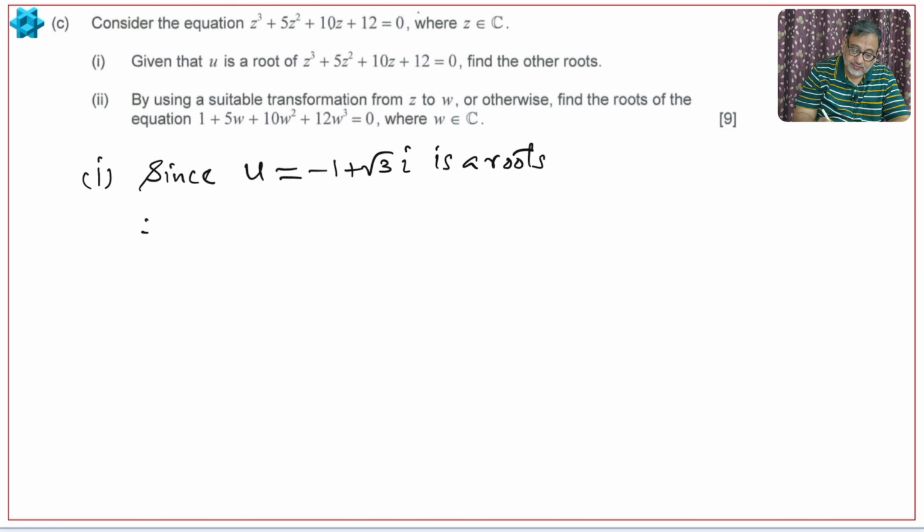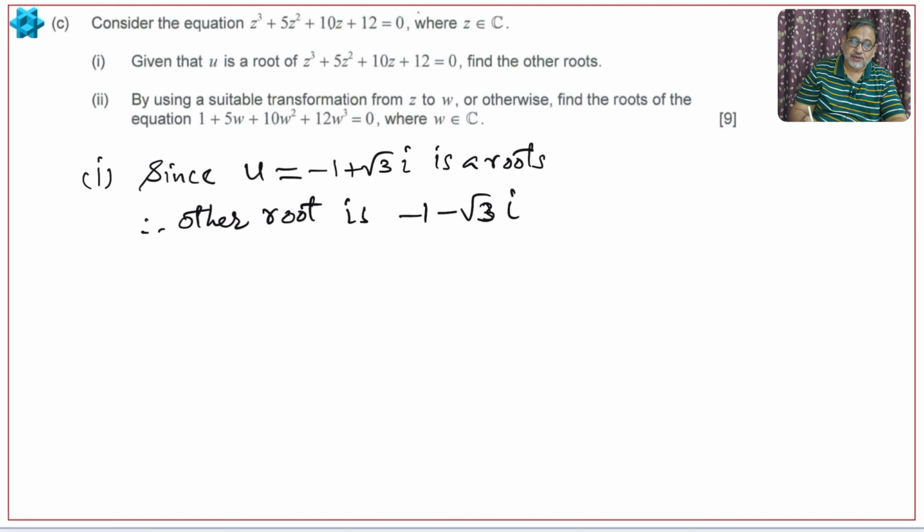Therefore, the other root is the conjugate of this, isn't it? Whenever there is a complex root of a complex equation, then always there will be a complex conjugate root. So the other root is minus 1 minus root 3i, because we change the sign of the imaginary part.